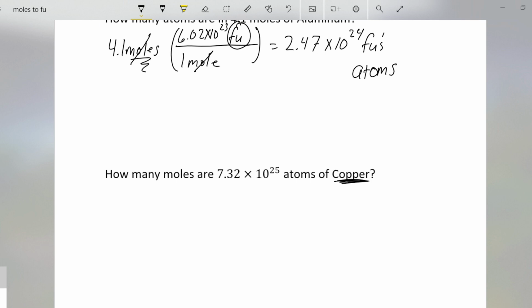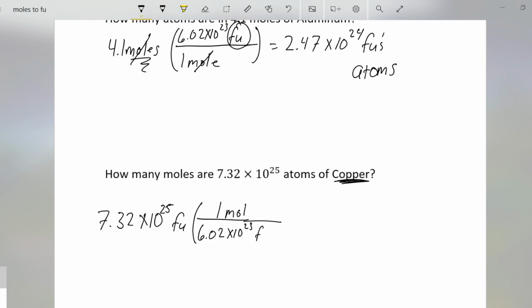So we take our 7.32 times 10 to the 25th atoms, or FUs, whichever you prefer, and we do 1 mole divided by 6.02 times 10 to the 23rd FUs.